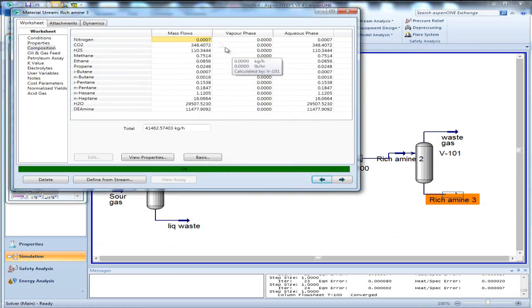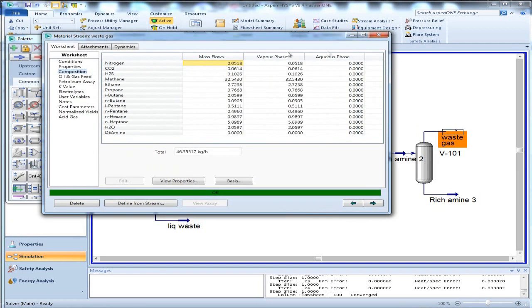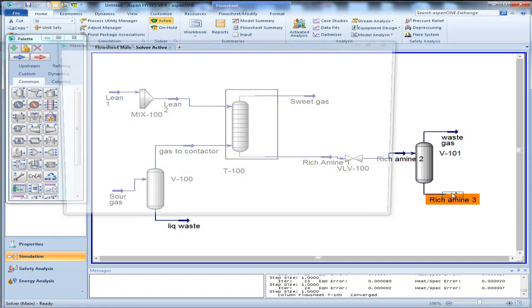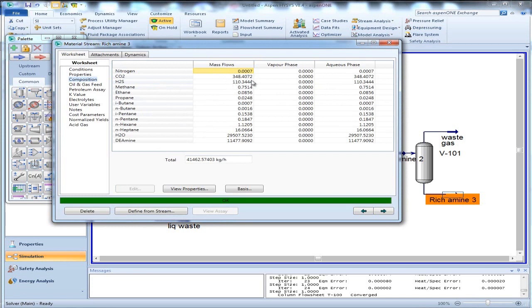Let's see how much we have in the liquid phase. So we check the waste gas here. Mostly C1 will flow out, but not very much of the acid component. The acid component is still in this rich amine. So we do need to separate those out.